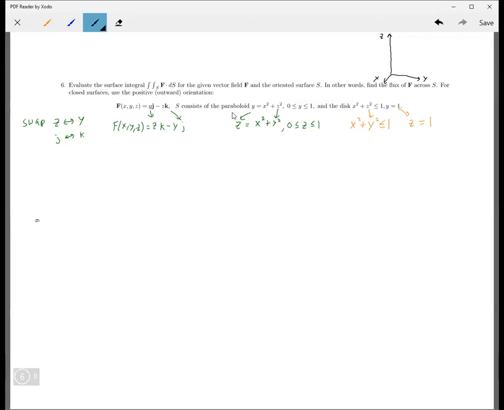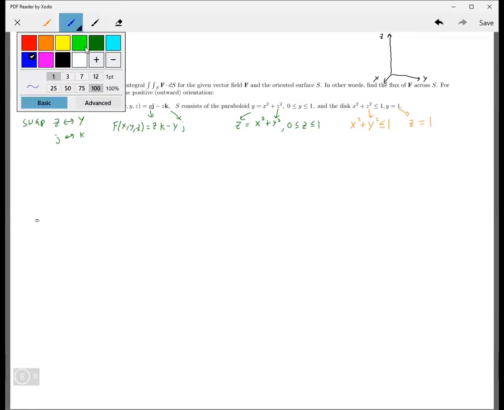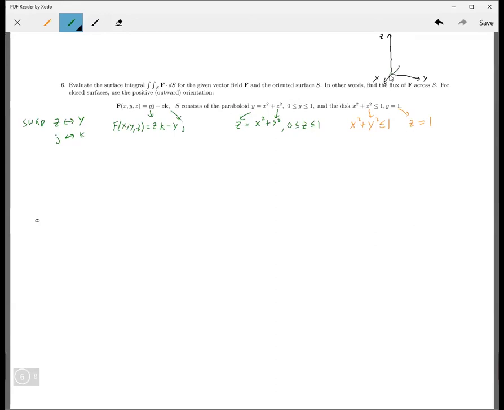So you have this paraboloid here, and this paraboloid is going to be on the bottom, coming up in all these directions. Just kind of a bowl, a parabolic bowl.